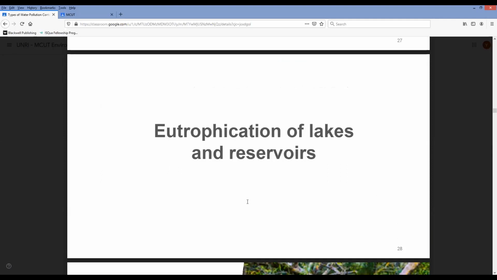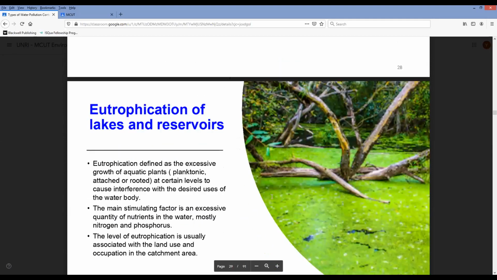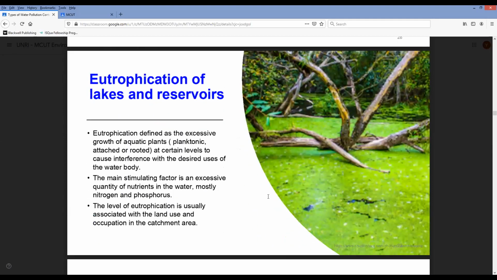Okay, so let's go to eutrophication of lakes and reservoirs. Next, please. I think many of you are already very familiar with eutrophication. So here, maybe I'll talk a little bit faster in order to show you a little more information in the following slides.